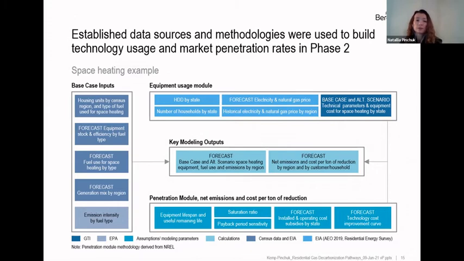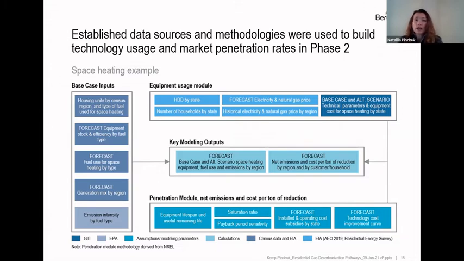One is the equipment usage module, which we basically try to estimate given the climate area that you're in and the type of house or dwelling that you're in. And I think we had 5 types of housing dwellings, everything from single family homes to mid-high rise apartment buildings that have more than 20 units or so.